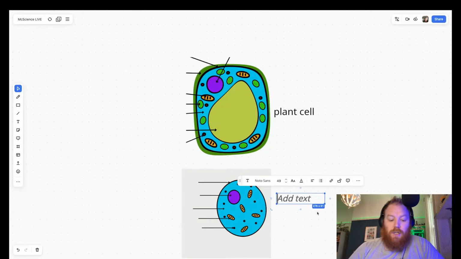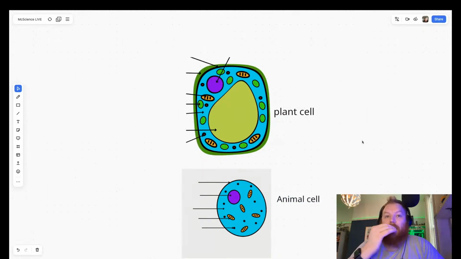This is GCSE content, but it will also have been taught to you at Key Stage 3, so it is one of those units that is transferred between the two. Can anyone tell me in the comments the three organelles that are found in a plant cell but not found in an animal cell?